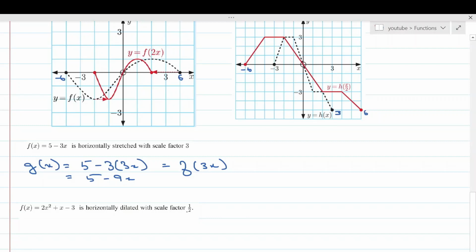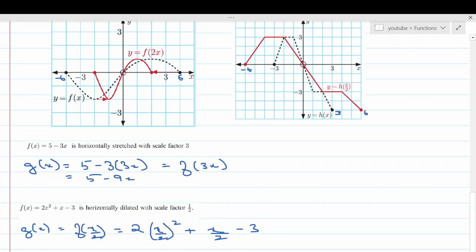Since this value is a fraction that lies between 0 and 1, our graph is going to be stretched away from the y-axis. This can be written as g(x) = f(x/2). So this is going to be 2 times (x/2) whole squared plus x/2 minus 3.